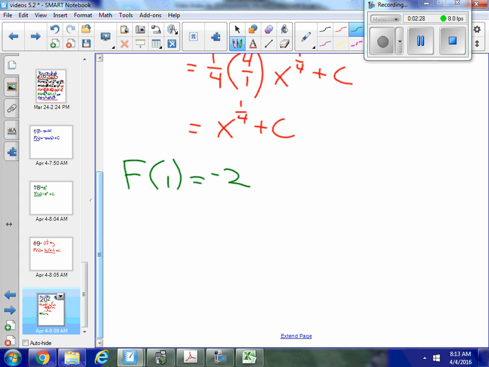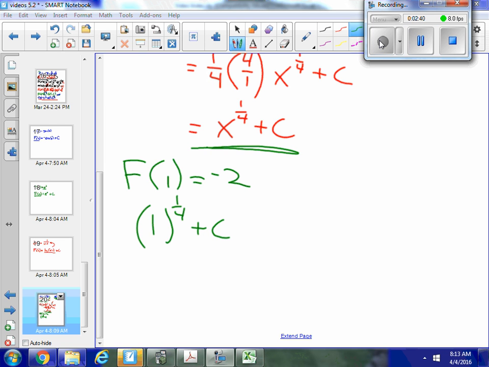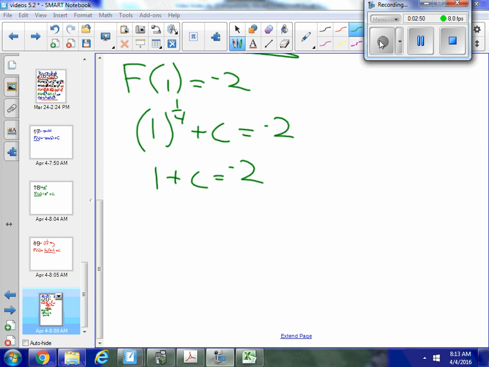So if I know that, then I know that 1 to the 1/4 plus c is equal to negative 2. So I know that 1 plus c is equal to negative 2. And I know that c is equal to negative 3.